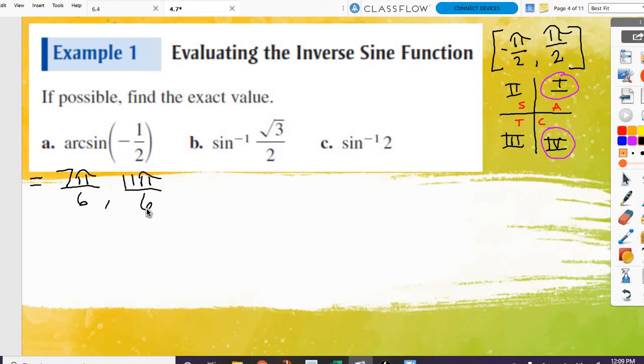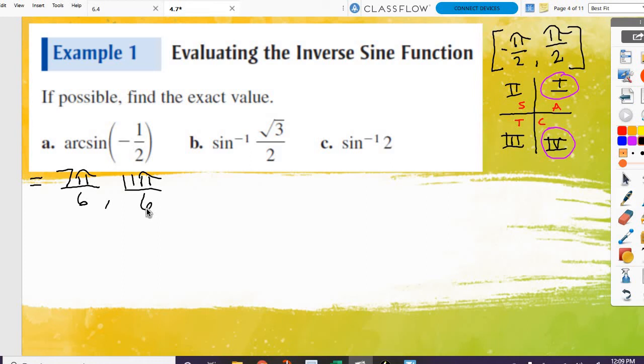But again, we always have to think back to that range of numbers that we're allowed to have our answers in. Is 7 pi over 6 or 11 pi over 6 within negative pi over 2 to pi over 2? 11 pi over 6 is in the right quadrant because it's in the fourth quadrant, right? However, notice that it would technically be over here after my pi over 2.